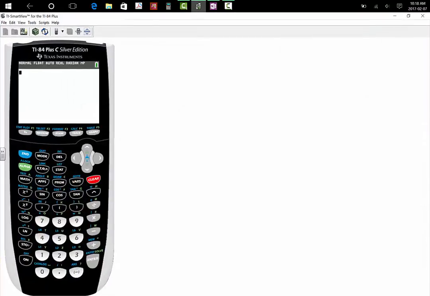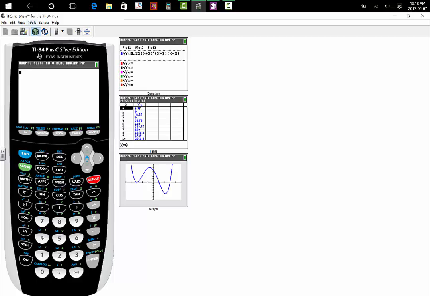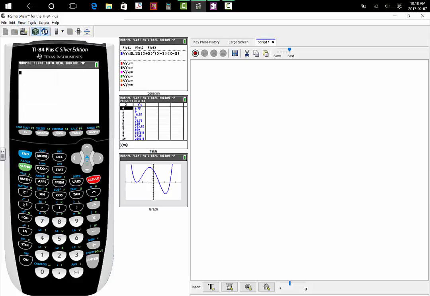So here is our graphing calculator. Okay, anyway, let's type that in. I can't make this smaller.